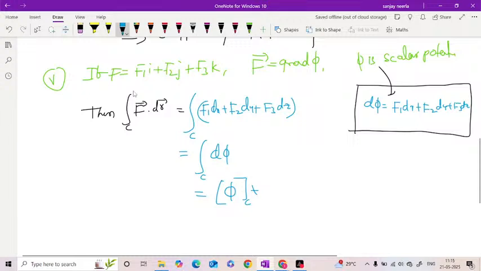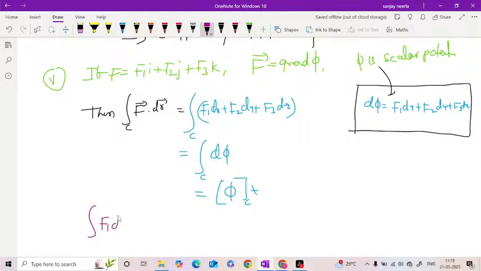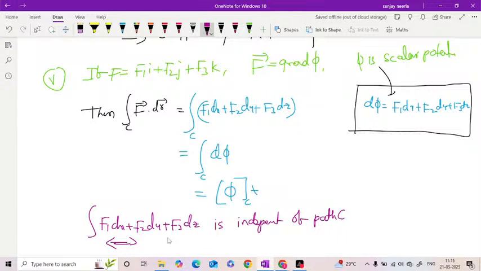So this statement I will write in another way also. That means the integral of f1 dx plus f2 dy plus f3 dz is independent of path C if and only if this f1 dx plus f2 dy plus f3 dz must be an exact differential equation.